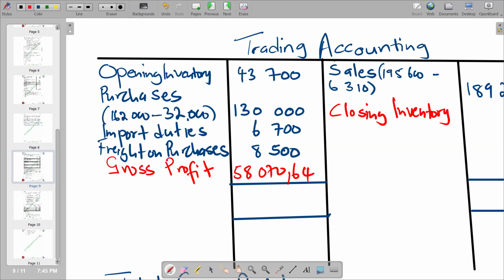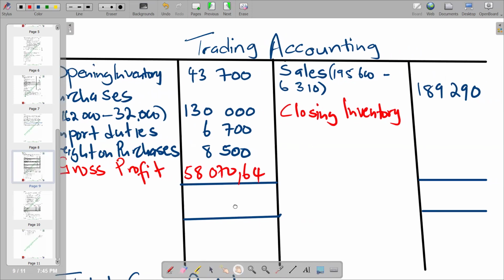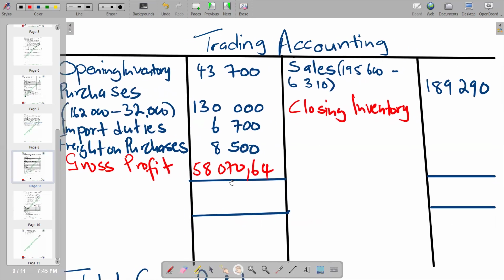If you check our trading account, it shows that on the debit side, obviously, it's going to be the greater total. If you add the debit side, you get a total of 246,970 rand 64 cents. This is the same figure that is supposed to come to the credit side.